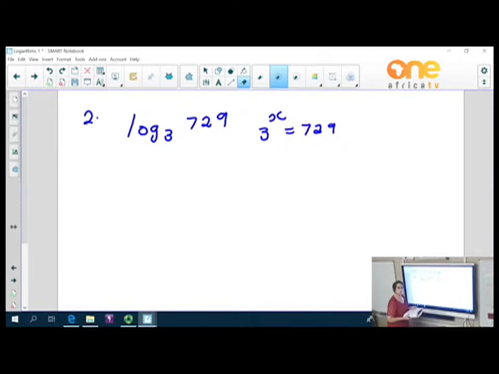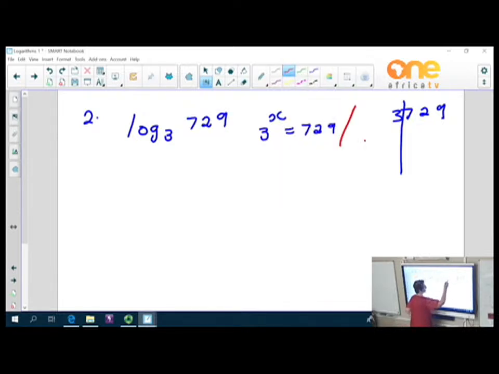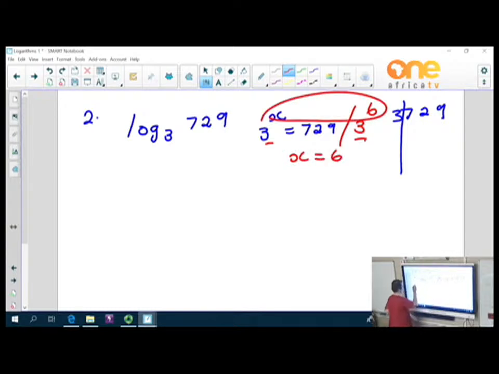Now, to be able to solve it, we have to change this one also to base 3, and you do that by using the prime factor method, where you divide. And this is then 3 to the power of 6. So I can write that this is 3 to the power of 6. Your bases are equal, so the answer is 6. There's my answer. x is equal to 6.